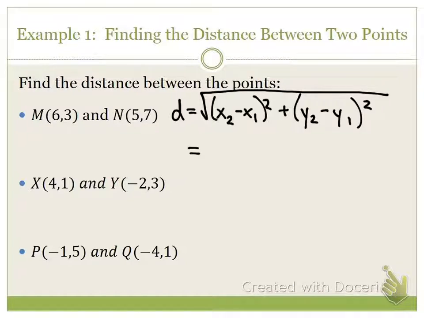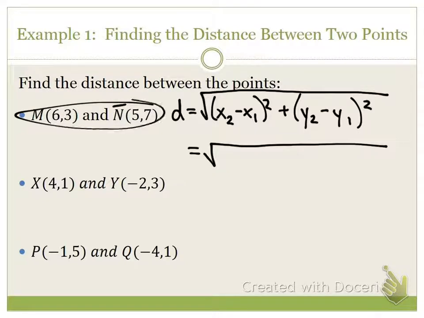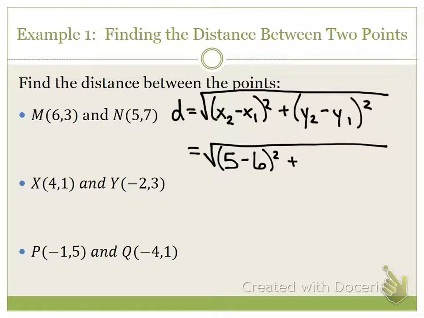Which number in these ordered pairs is x2? Very good. So I'm going to put 5 in parentheses minus, what's my x1 value? 6 squared plus, what's my y2 value? 7 minus, what's my y1 value? 3 squared. Now I need to simplify what's in the parentheses.